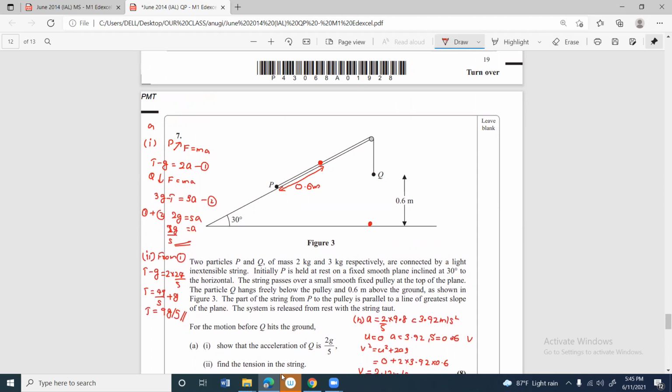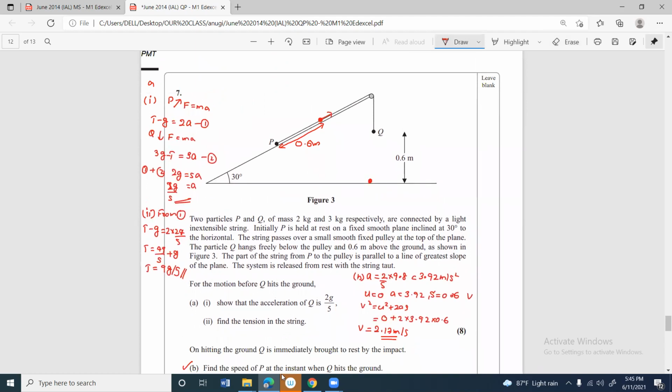At this point, Q has a speed, and the speed Q has is the same as P at this point, because both of them are joined with an inextensible string. So here the speed is 2.17 meters per second. Right now, the tension is not there in the string. It's just slack like this.